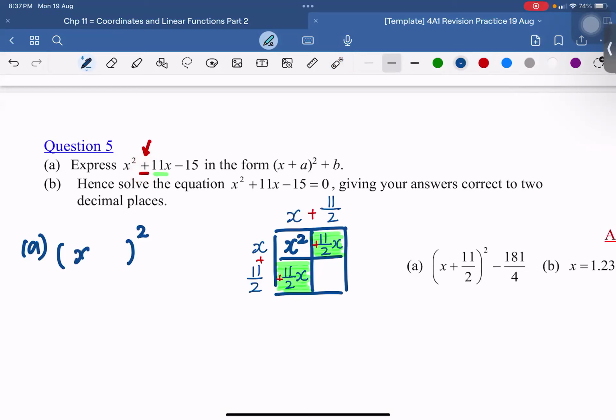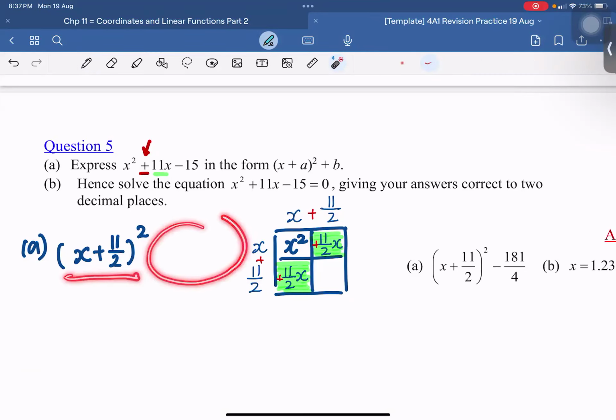I know the one in my bracket is this. Okay? But when I do completing square, I think most of you know how to do this first portion. Am I right? Is this part okay? Okay, good. Then most of you know how to do this part. But then the second part, the number comes out wrongly.